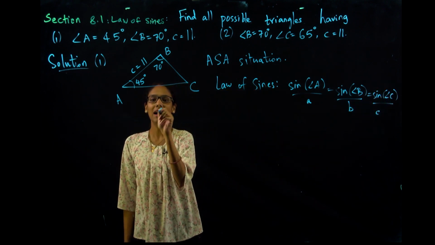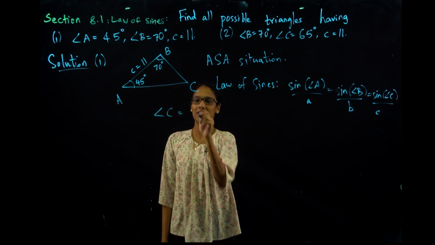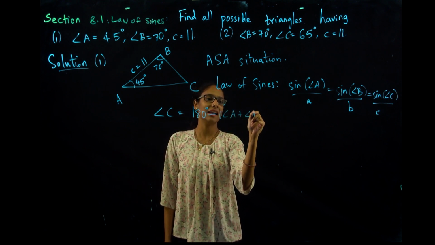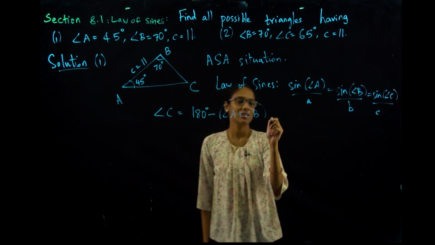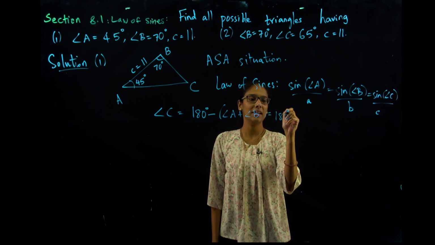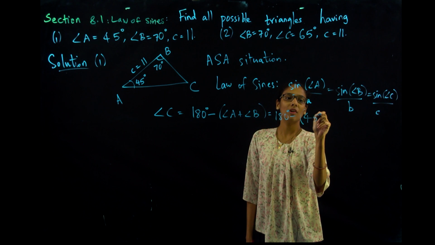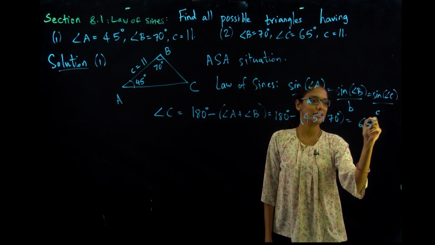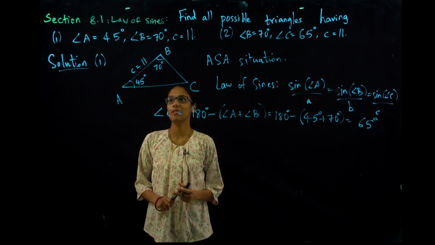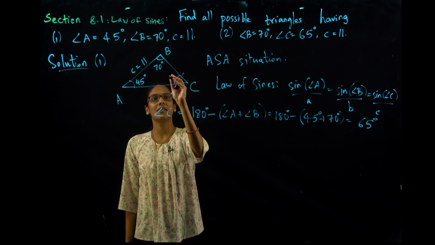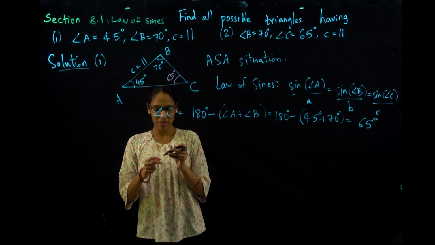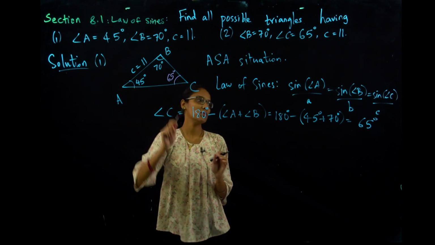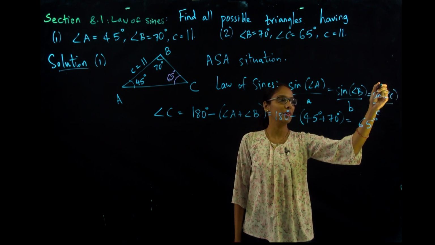So angle C, as you know, using the angle sum property for triangles, is 180 degrees minus angle A plus angle B. So this is going to be 180 minus 45 plus 70. So this ends up being 65 degrees. Now that we have found angle C, let's label it with a different color because we solved for it. So angle C, 65 degrees. Now we have this pair, so we can complete this last fraction over here.